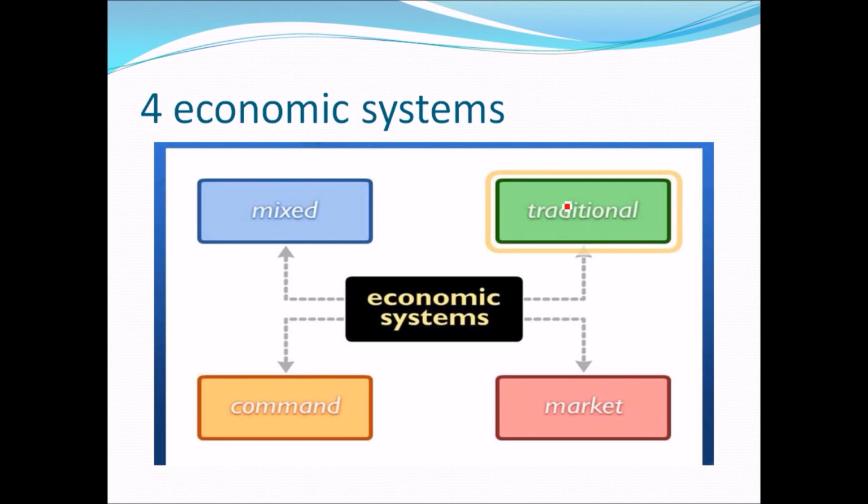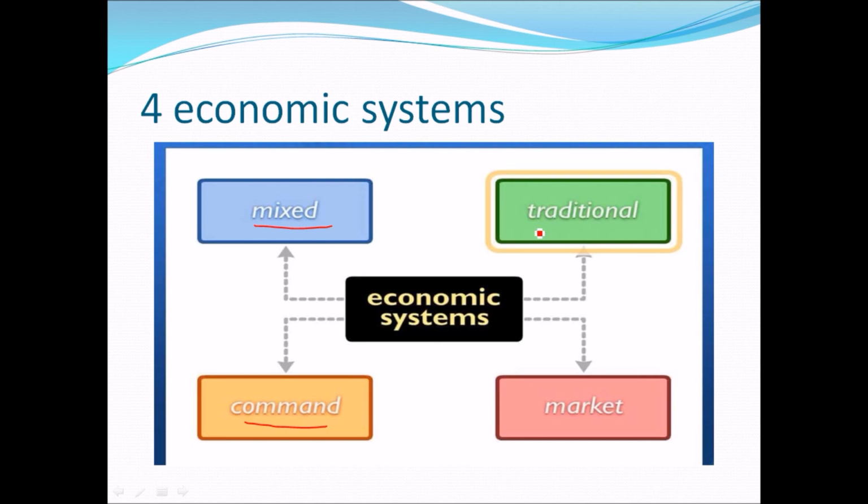So according to the characteristics or the criteria we use to classify economic systems, we can identify four economic systems existed in the world: traditional economic systems, market economic systems, command and mixed economic systems.